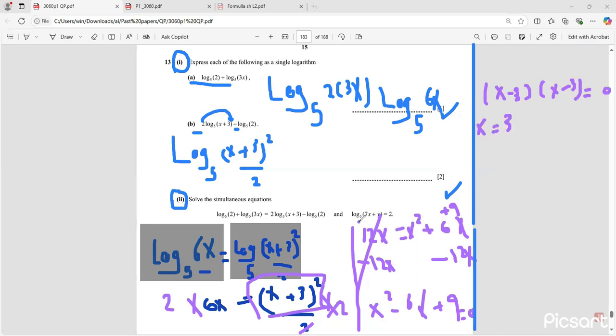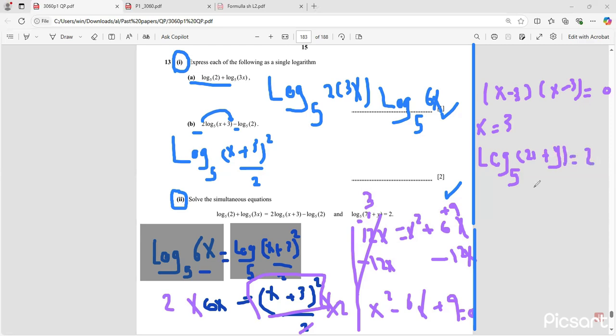And for this one, we can apply here for log base 5 of 7x, we can replace the x with 3, which will be 7 times 3, which is 21. So log base 5 of 21 plus y equal to 2.